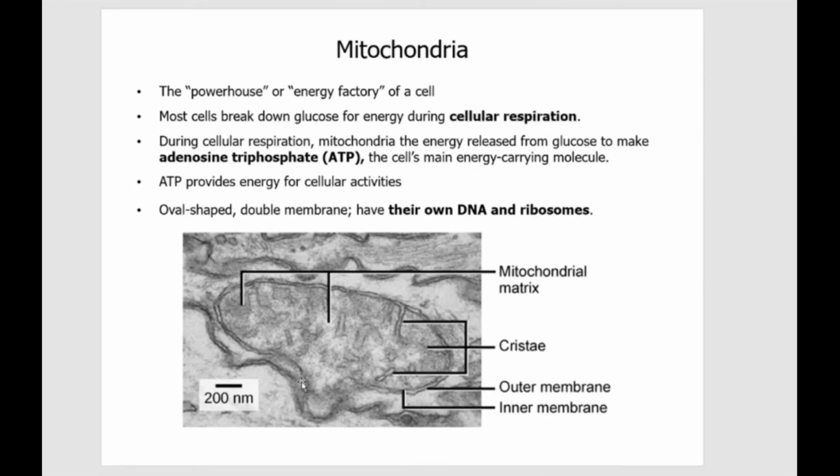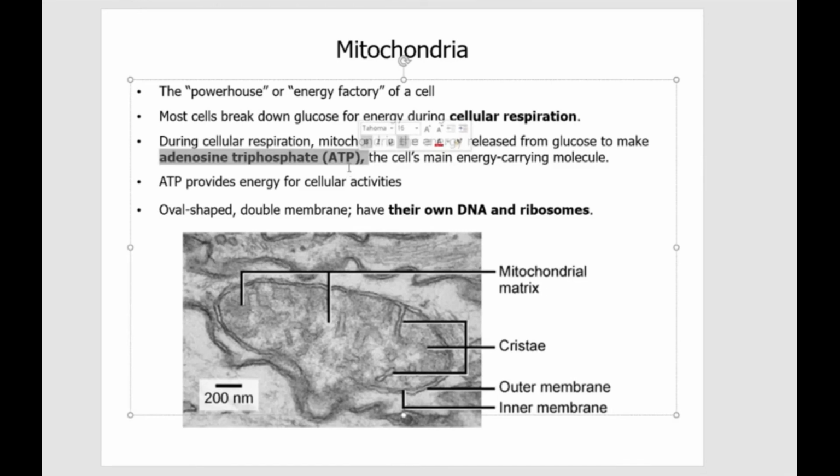When mitochondria break down glucose and release the energy, it is usually stored because you might not need the energy immediately, right? It's just like a battery. You can store the energy in a battery and use it later. So the cells are going to store the energy released from glucose to make adenosine triphosphate, which is ATP.